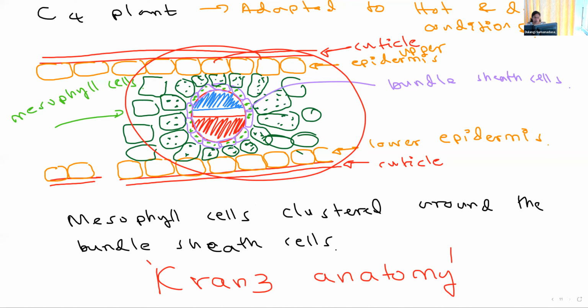Kranz anatomy is nothing else but lots of mesophyll layers clustered around the bundle sheath cell. You can't see a similar one in C3. This is an adaptation to avoid photorespiration. So this structure is the Kranz anatomy. Kranz anatomy is absent in C3, only in C4.